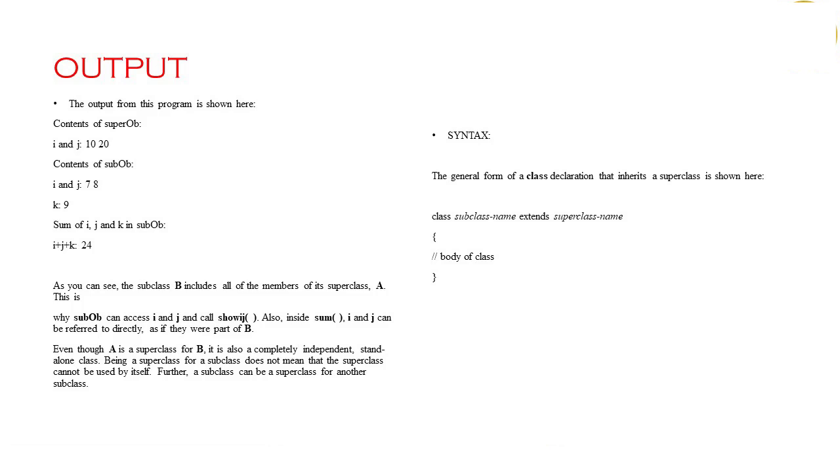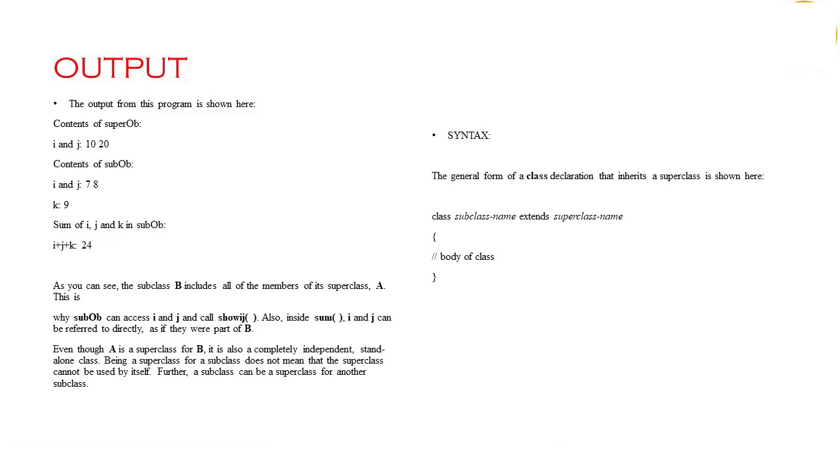Being a superclass for a subclass doesn't mean that the superclass cannot be used by itself. Further, a subclass can be a superclass for another class. The general syntax for a class declaration that inherits a superclass is shown here.